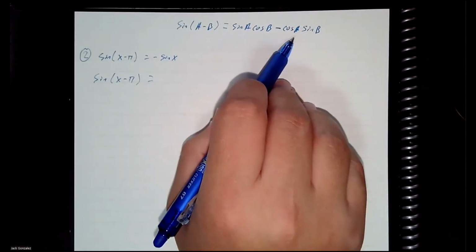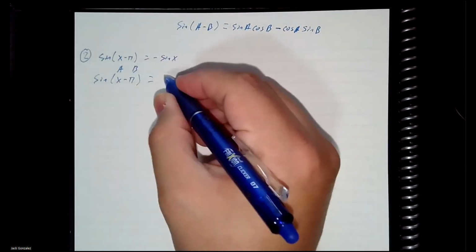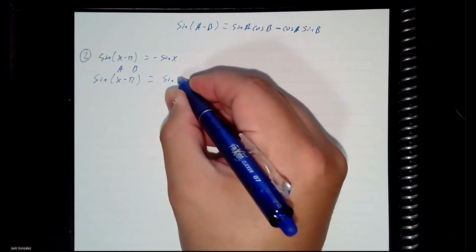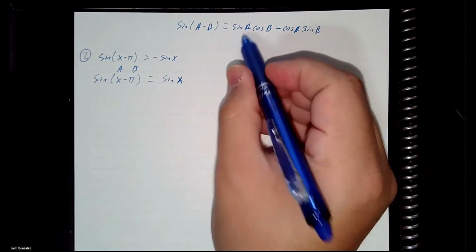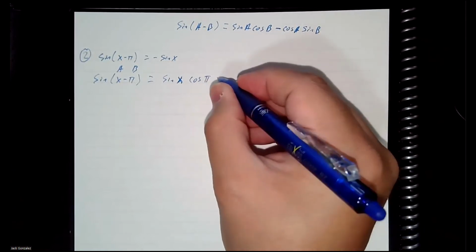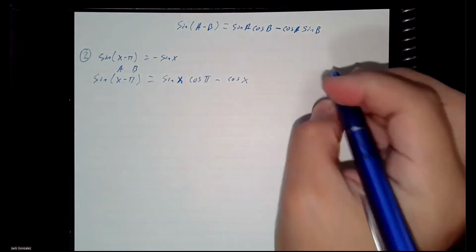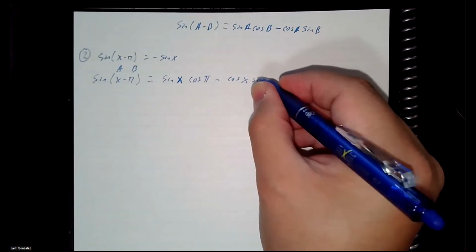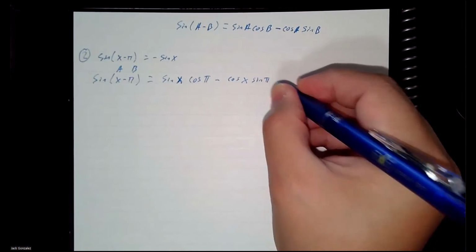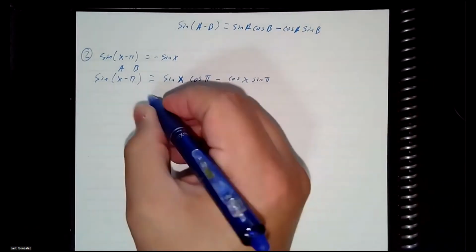Sine A cosine B minus cosine A sine B. So my A and B are right here. This will be sine x, which is the A, cosine B, which is the pi, minus cosine A, which is the x, times sine B. Okay, let's start writing better.